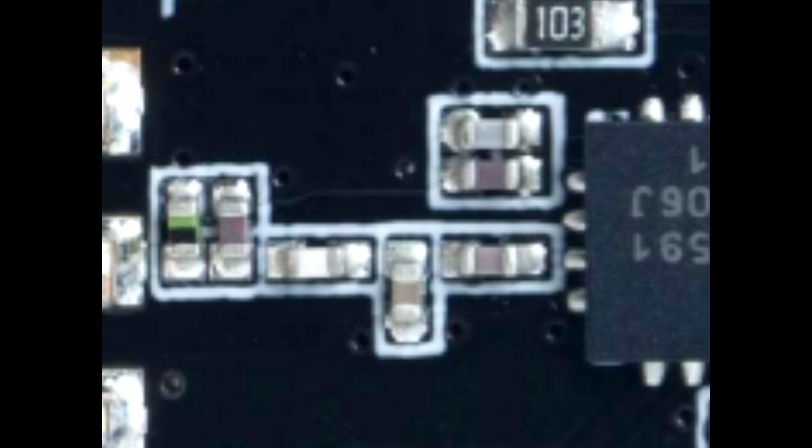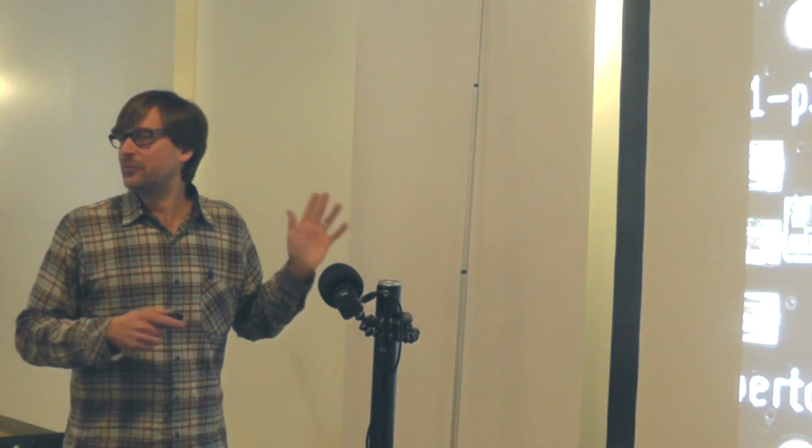I found it in the CC2591 documentation, in the data sheet and the example circuit that Texas Instruments provides, and I copied it exactly. That's all I had to do. The easiest part of the Ubertooth project in terms of the hardware design was the RF section, because it's all copied directly from the manufacturer.